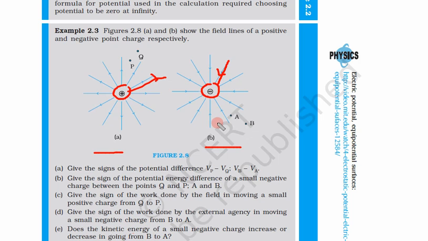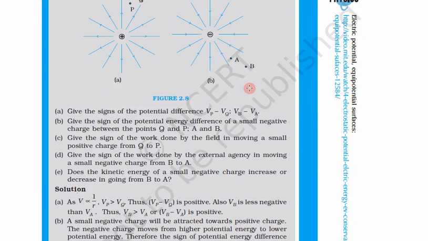Same thing they are showing. Now for the positive charge there are 2 points P and Q, and for the negative charge there are 2 points A and B. So let us read the questions, then we will solve.